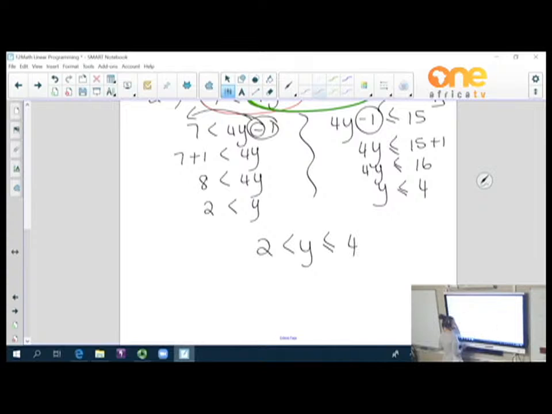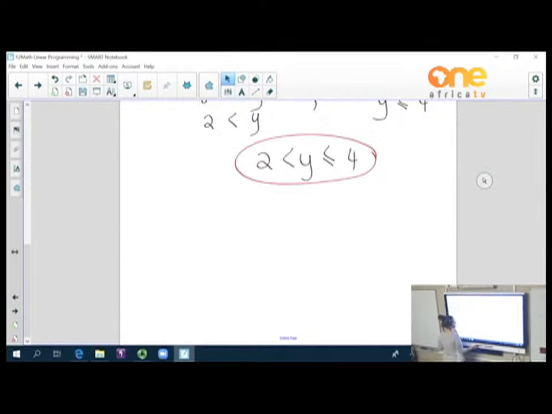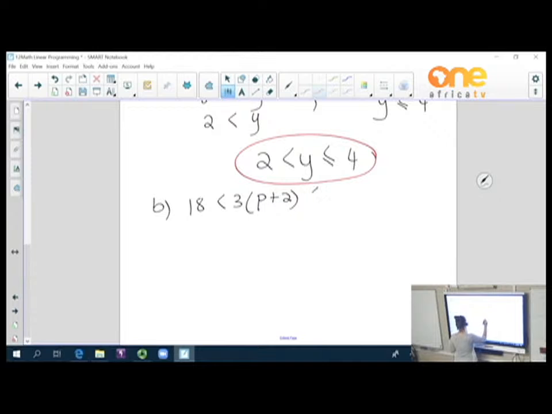So this is what we end up with. For number B, 2B, we have 18 is less than 3 times p plus 2 is less than or equal to 30. Again, we have two inequalities, so get your two inequalities.